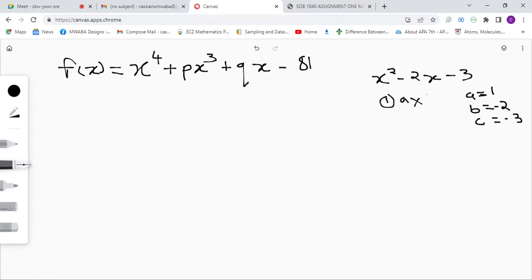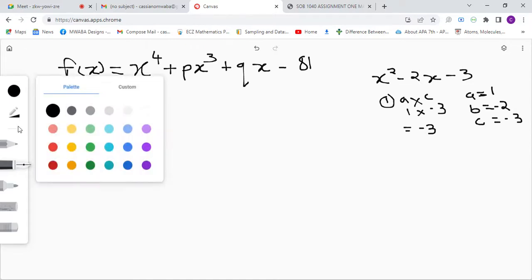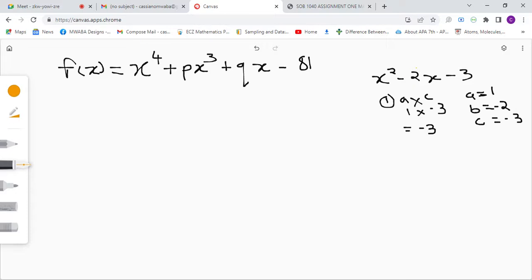So as always, you multiply A times C, so 1 times negative 3, I'm going to get negative 3. Now we have to find two numbers that when we multiply them we get negative 3, and when we add them we get negative 2.